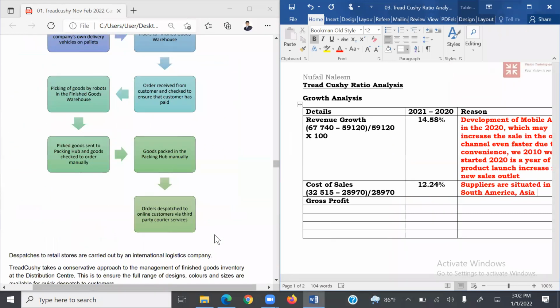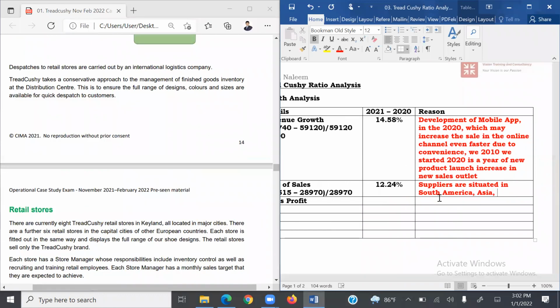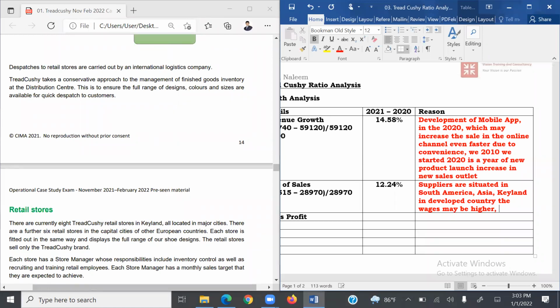Also, students, one more thing: Kalen is a developed country. Just remember, in a developed country the wages may be a little higher because they have rules and regulations, everything. So the cost of sales may be a little higher.